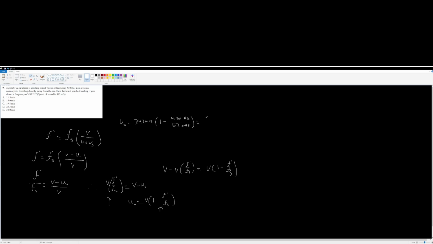And this is just going to be equal to 343 meters per second times 1 minus 490 divided by 520, which, let me do a quick calculation here. 490 divided by 520 is 0.94.